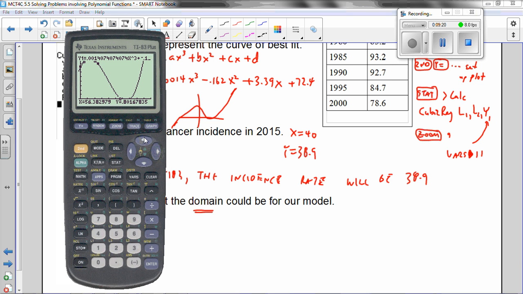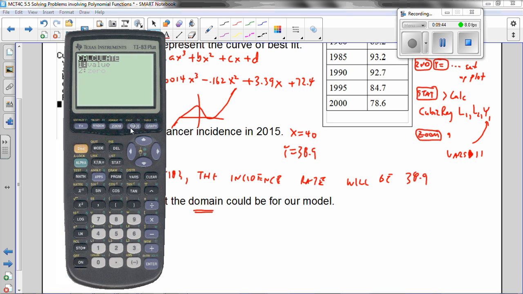And I can use my graphing calculator, my model, to predict when the cancer rate might be 0. It doesn't make sense for it to start going back up unless something awful happens and we find new types of cancer that we didn't have a cure for before. But let's see if we can find out what year that was where that has an incidence of 0.